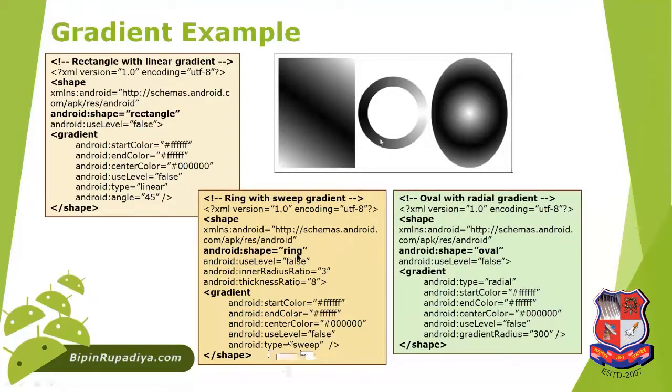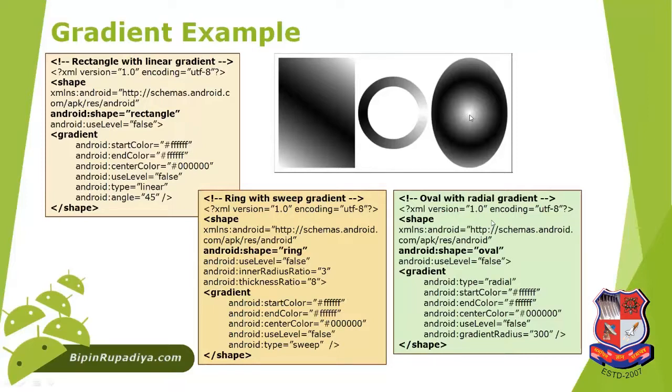As many colors as you have specified, it is filled in this particular pattern. In the case of the radial gradient, what happens? It starts from the center point. Whatever the center point you specify, just see that we have not specified center X and center Y. So by default, it becomes the center of your object.